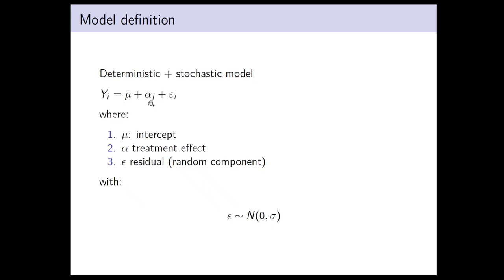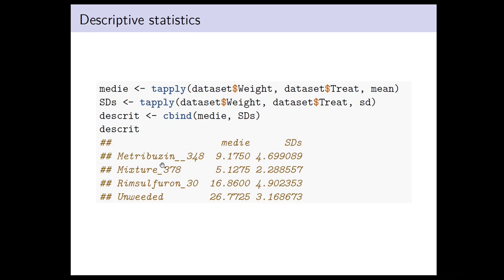What do I mean? If we go back to this slide here, we see that the means are different for the different treatments. So there must be a treatment effect somewhere. This treatment effect takes the value and moves it away from the overall mean. So with metribuzin, the overall mean was 14.5 roughly, and the mean is lower than the overall mean.